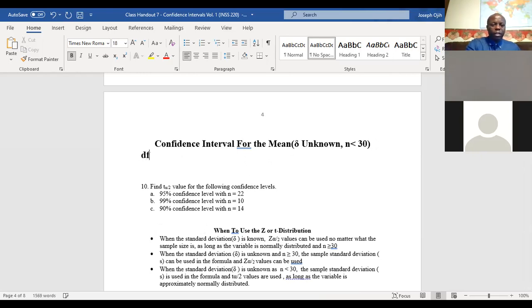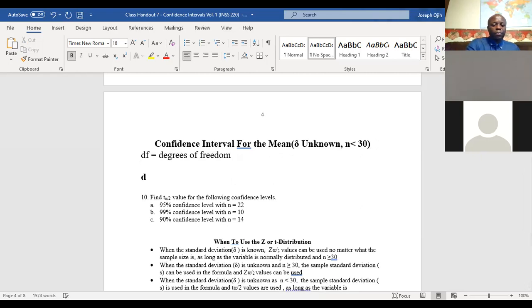The degrees of freedom for the T distribution is DF equals n minus 1, where n is the sample size.